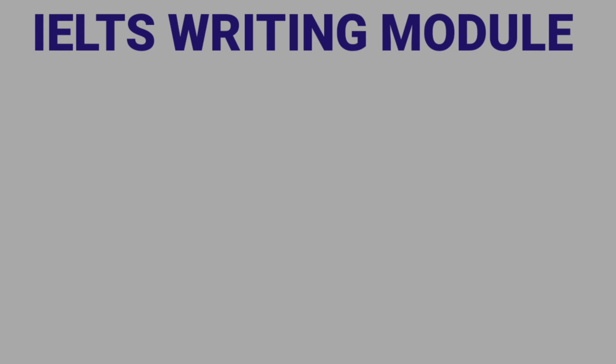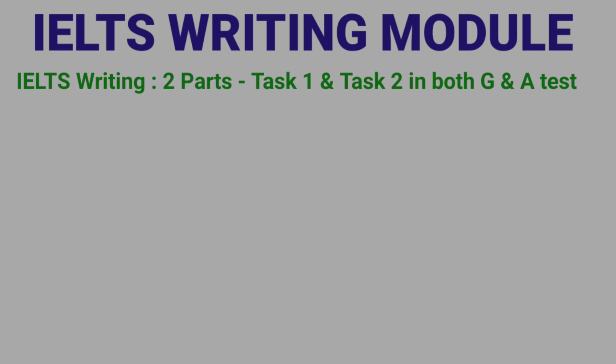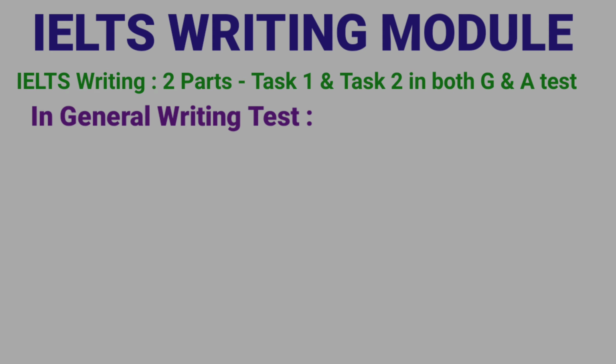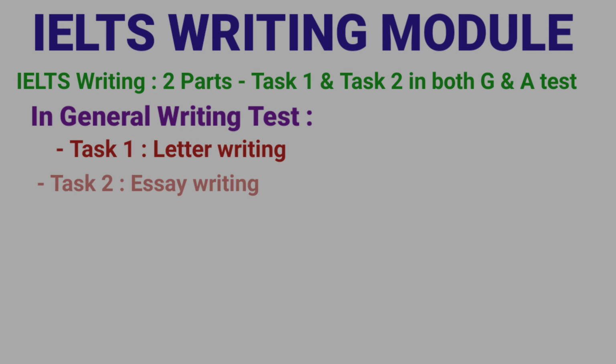As I mentioned before, the IELTS writing test has two parts, task 1 and task 2, in both general and academic writing tests. In the general writing test, you will have a letter in task 1 and an essay in task 2.